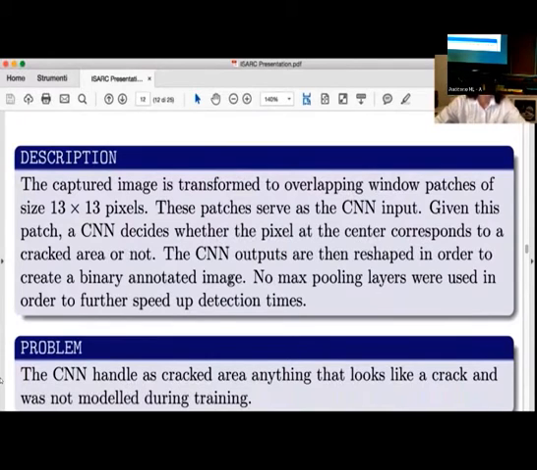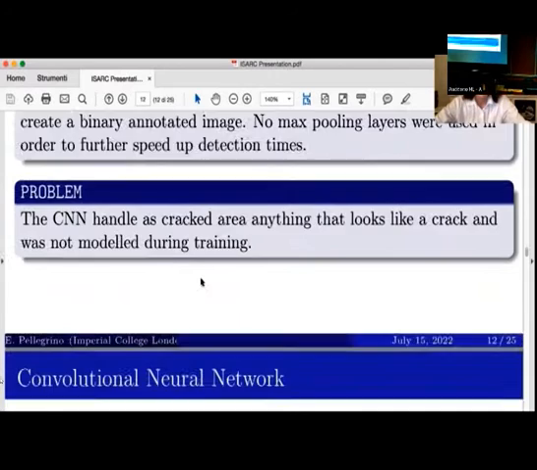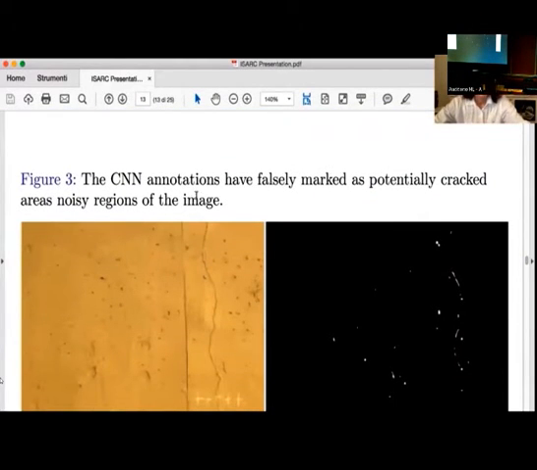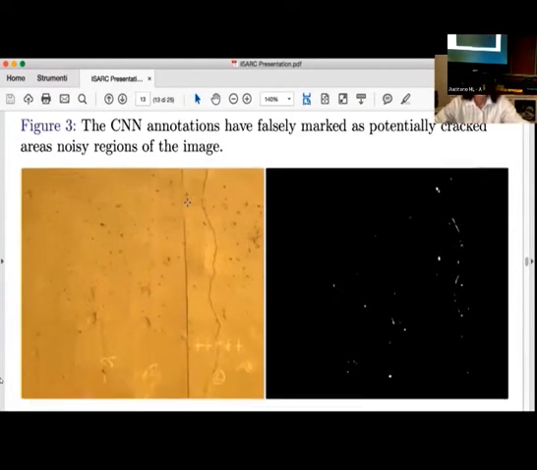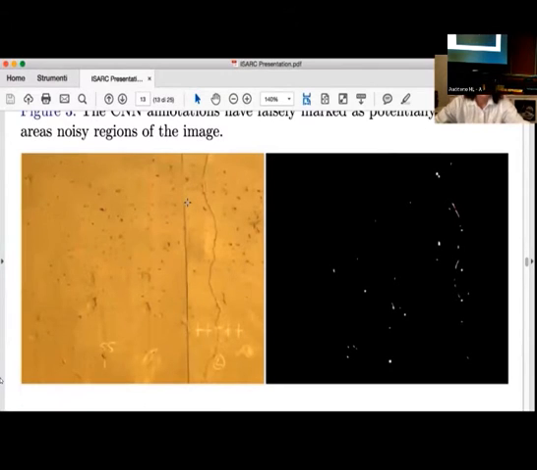It wasn't successful in detecting this structure, because actually the network detected as a defect also area in the background that not belong to the defect in particular, as you can see in these images.